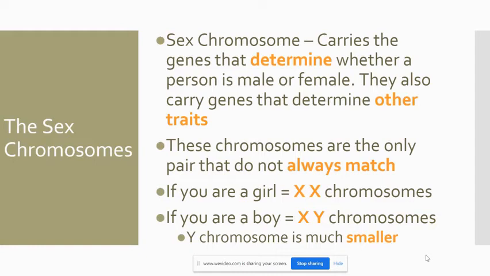So for these chromosomes, this last pair in our 23 pairs don't always match. So if you're a female, you have 2 X chromosomes. If you are a male, you have 1 X chromosome and 1 Y chromosome. And then the Y chromosome is much smaller. It doesn't carry as many genes on it, so it doesn't need to be as big. And the X chromosome has more of those genes and more of that information built in.